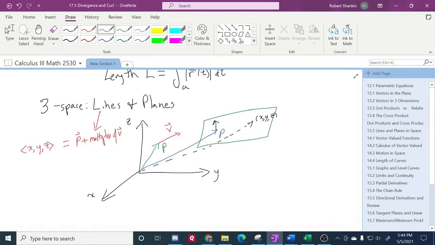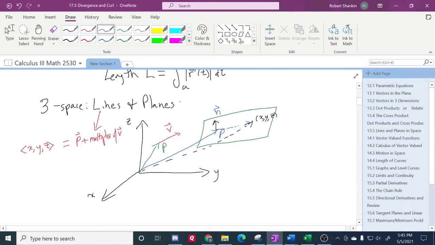When you subtract these two, you get a vector in the plane. When you dot product that with this normal to the plane, we'll call that n for a moment, you are going to get the dot product of two things. The dot product would be 0 between these two.